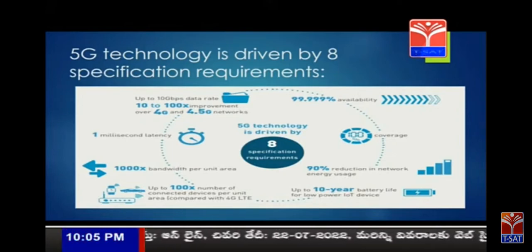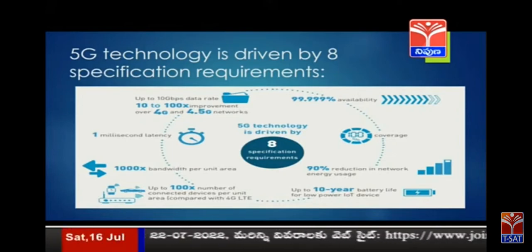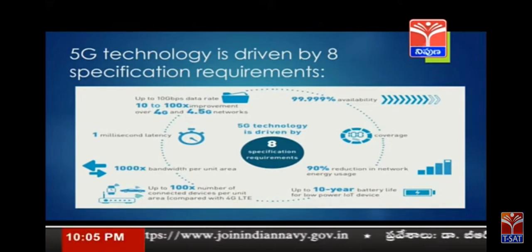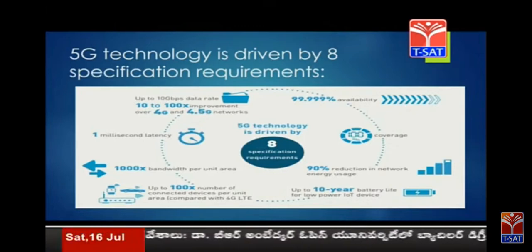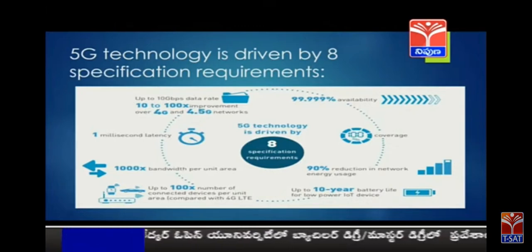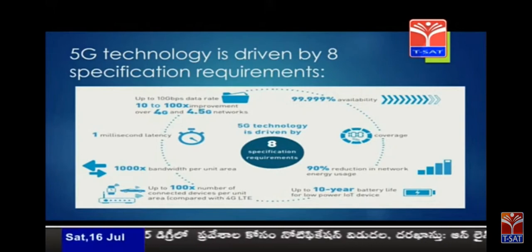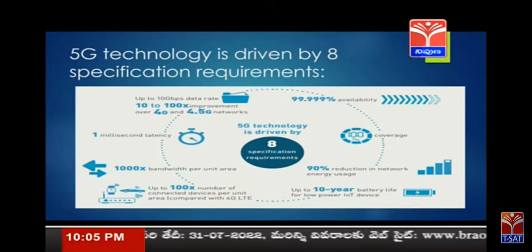So it increases the lifespan of the battery also, and the bandwidth per unit area is 1000 times the 4G network, and the speed is up to 100 times the number of connected devices per unit. So if you connect any devices, the speed will be 100 times here. These are the 8 significant advantages of that.